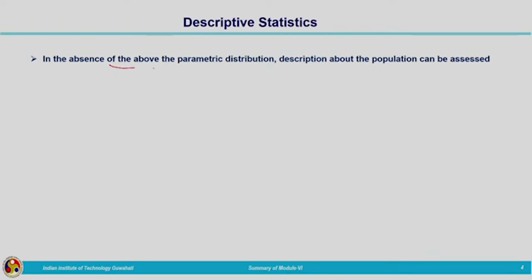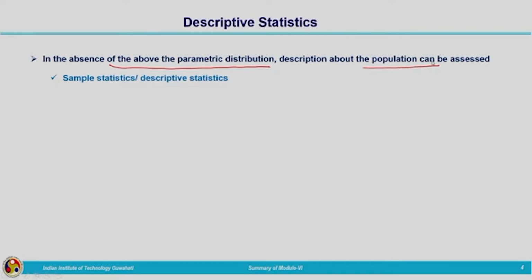In such cases, for understanding the properties of the population data, we can make use of some statistical parameters which are described by descriptive statistics. That is, we will be making use of them in the absence of the probability distribution function explained in the previous slide. We can make use of the details related to population by means of descriptive statistics.